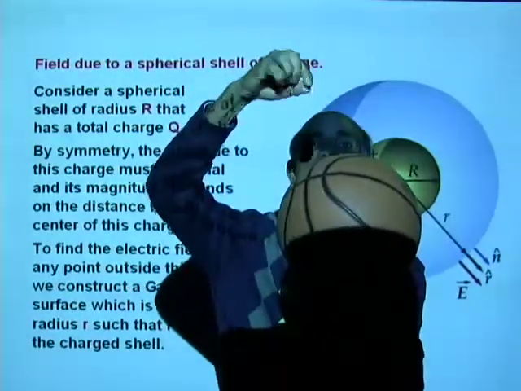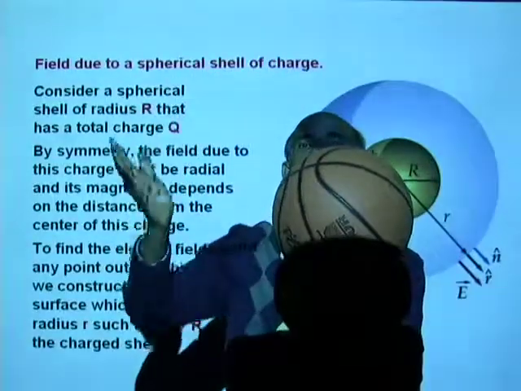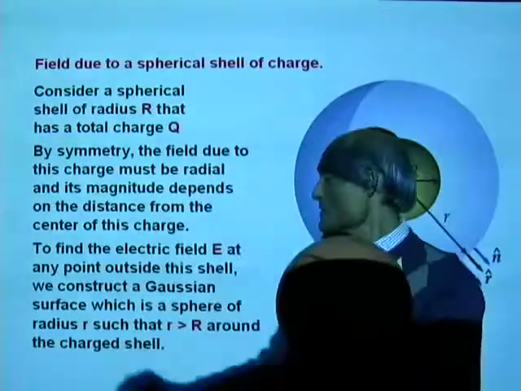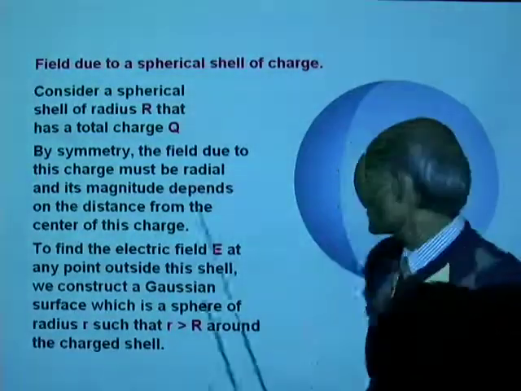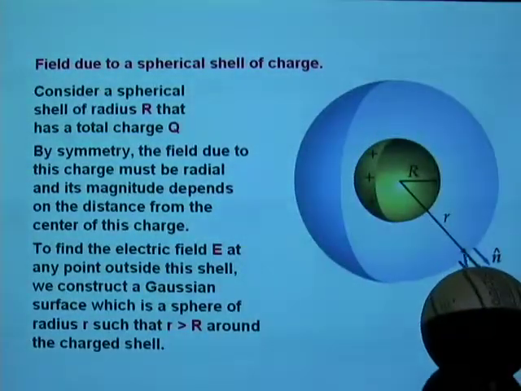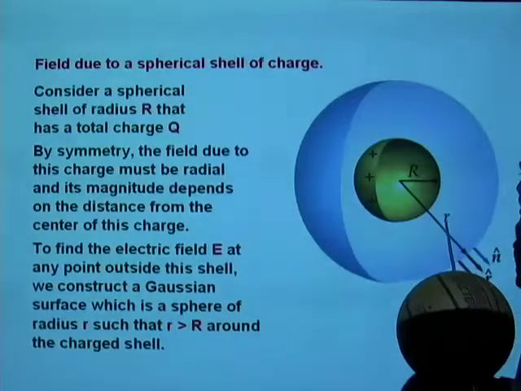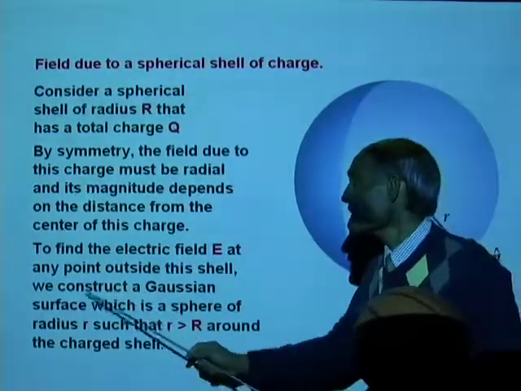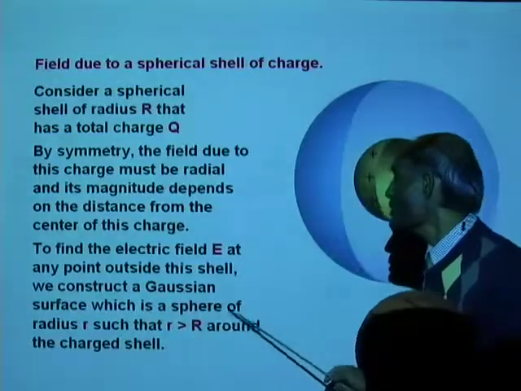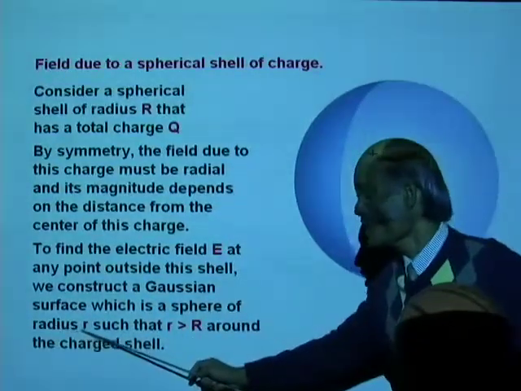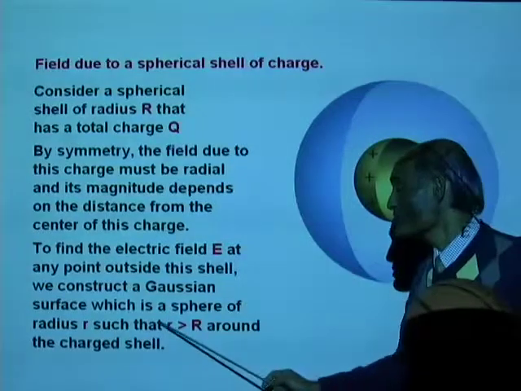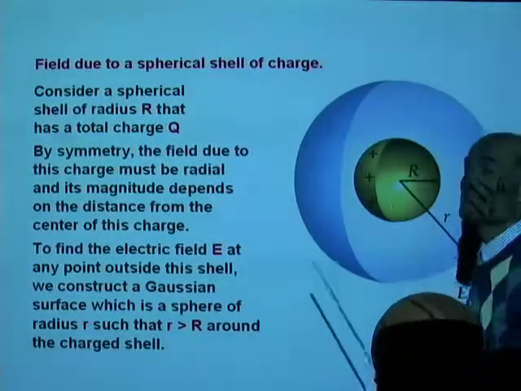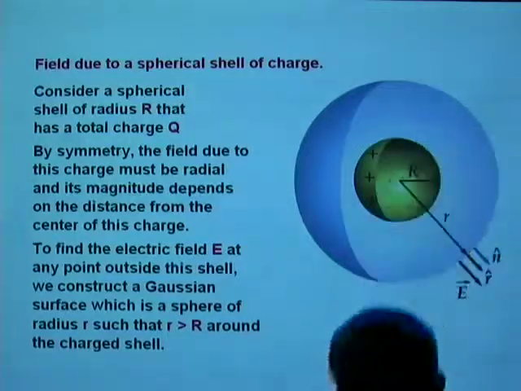So I construct a Gaussian surface, which is a shell of radius equal to this r, because the point is at a distance r from the center of the shell. We construct a Gaussian surface, which is a sphere of radius r, such that r is greater than the radius of the shell.